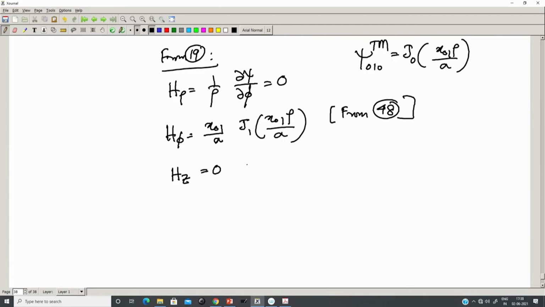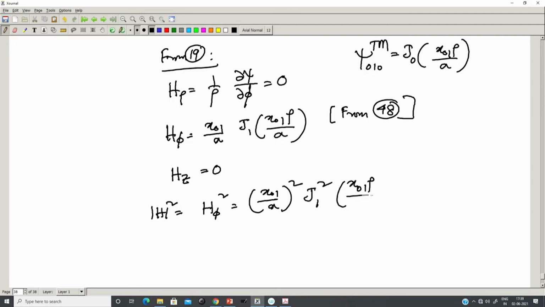And Hz is 0. So, therefore, mod H square is H phi square, which is x01 by A whole square J1 square x01 rho by A.